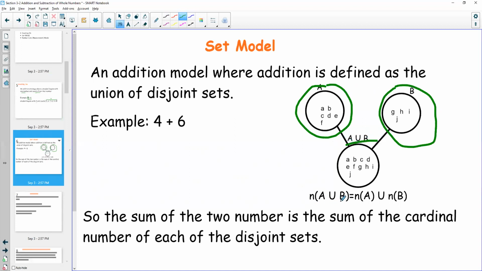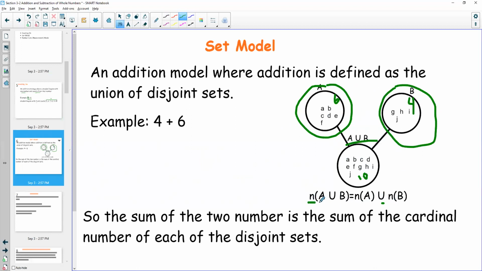The number of things in A or B is the number of things in A and the number of things in B. So in this case, set B has 4 things, set A has 6 things. There's no overlap. So when I have the or, I take everything from both sets, I end up with 10 things. So we can think of addition like combining 2 disjoint sets.